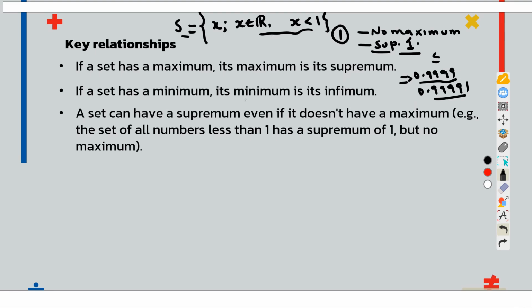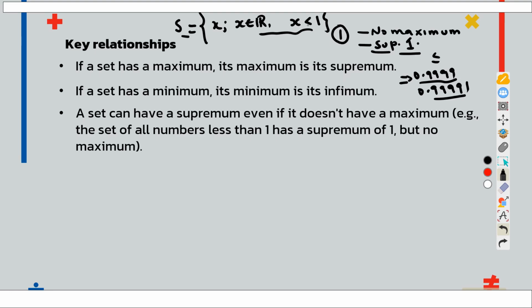So that is one of the key relationships between the maximum and the supremum. We are saying a set can have a supremum even if it does not have a maximum. And we can take an example of this. You realize 1 is not an element of this set. However, 1 qualifies to be called a supremum because all other elements here will be less than or equal to 1.